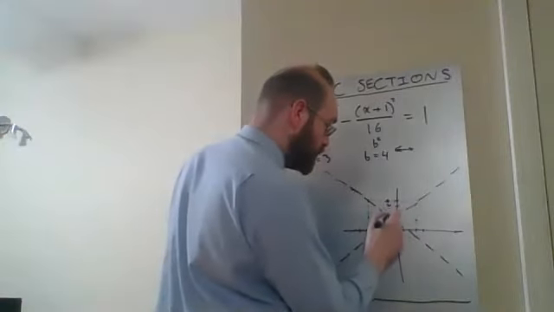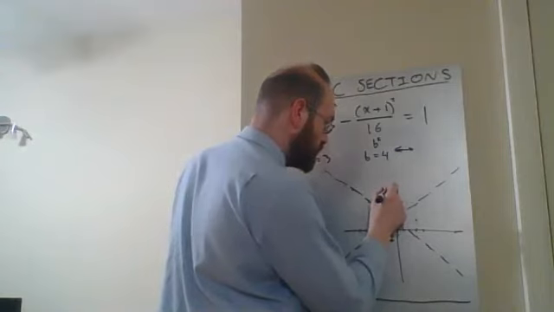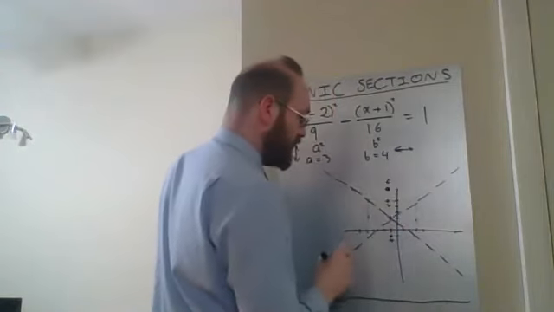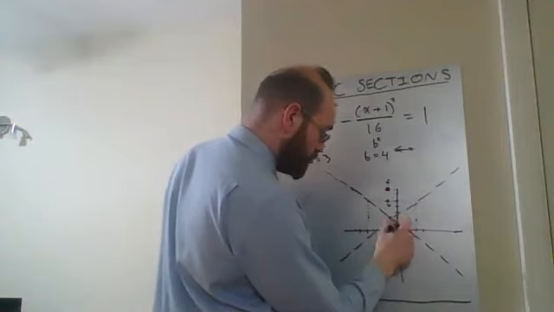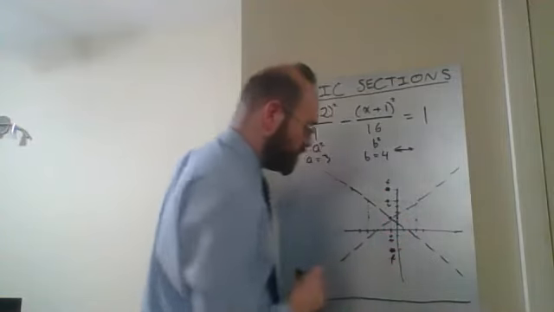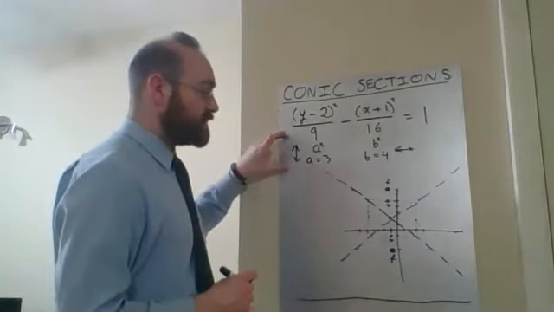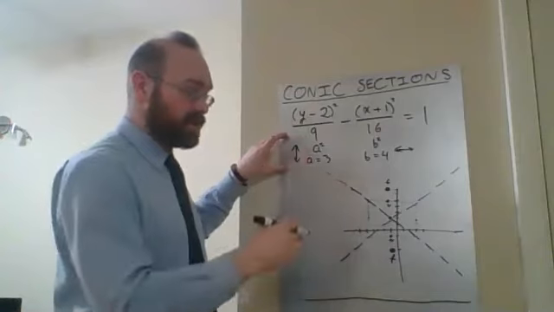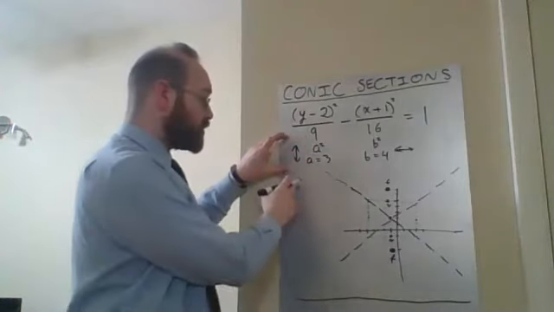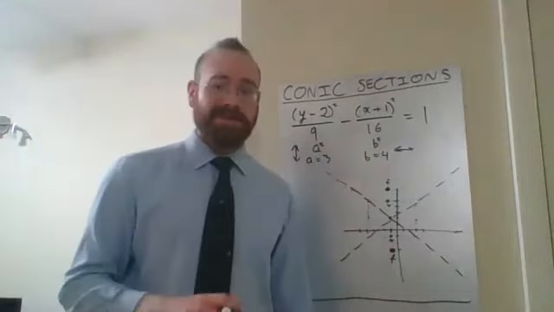So our focus would be 1, 2, 3, 4, 5 points. That's our focus up here. And then 1, 2, 3, 4, 5 down here. That's our second focus. Y term is first. Our transverse axis, which goes from focus, vertex, center, vertex, focus, is vertical. So yes, I apologize for that mistake.